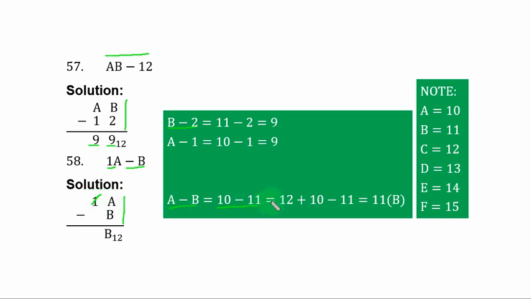That 1 you borrow becomes 12, which you add to 10 first and subtract 11. When you do that, you have 11. And in base 12, 11 is equivalent to B. In other words, 1A minus B is B in base 12.